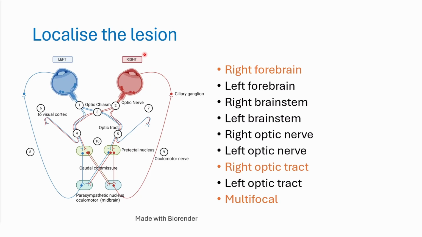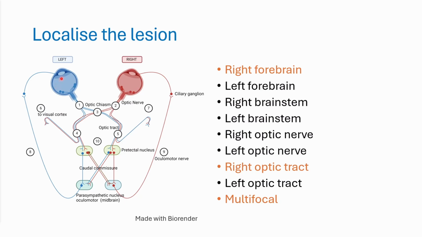Then we had the abnormal swinging flashlight test. So when we've shone light in on the right side, then we know that this works. It works coming here, it works crossing, it works going here and crossing over to the left because the pupil did constrict. There was a consensual when we shone in the right, and also it works this way and constricts there. But when we went over to the left, the pupil dilated as if there wasn't any light coming in there.